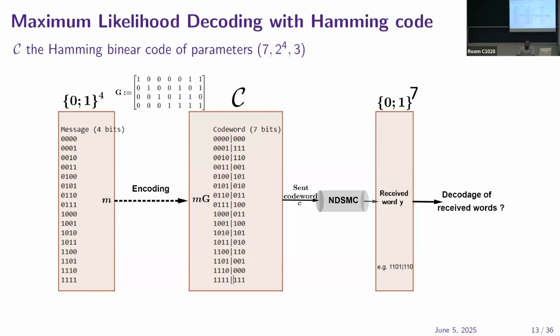For example, if we receive the word 1101110, which message can it be, which code word can be corrected to this received word?